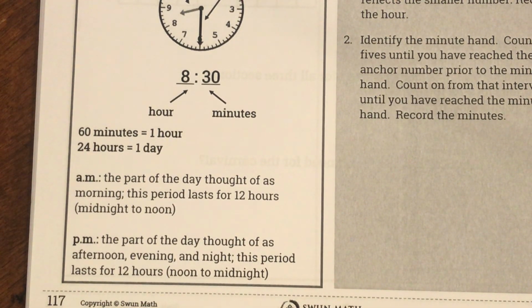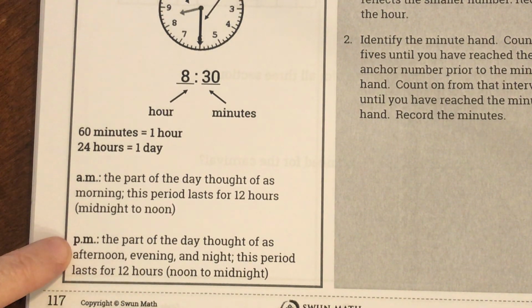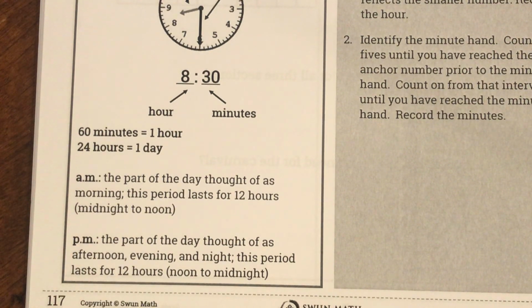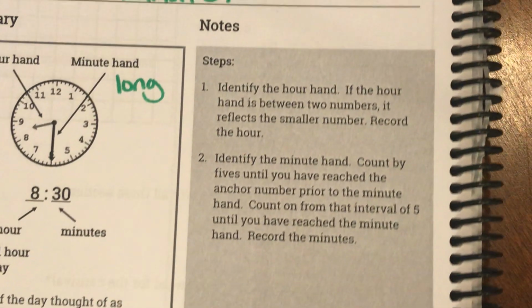This period lasts for 12 hours from midnight, so we think of 12 o'clock midnight till 12 o'clock noon, or around lunchtime. And then there's PM, the part of the day thought of as the afternoon, evening, and night, and this is also 12 hours, so it's from noon to midnight. So we split our day into two parts, AM and PM.